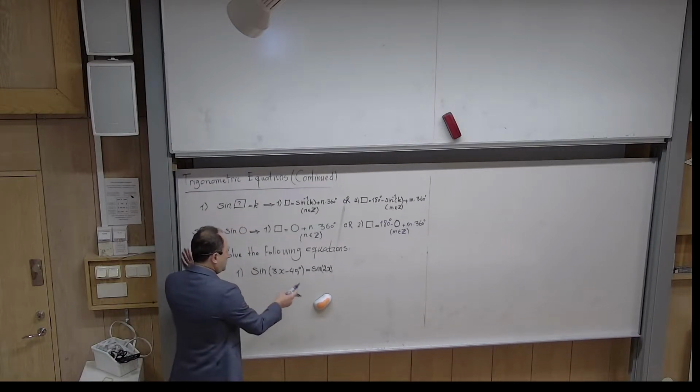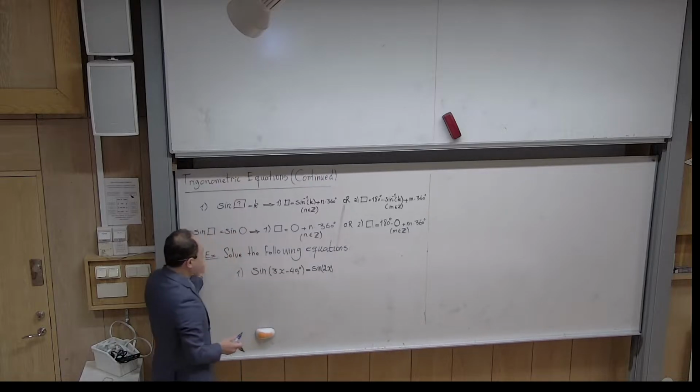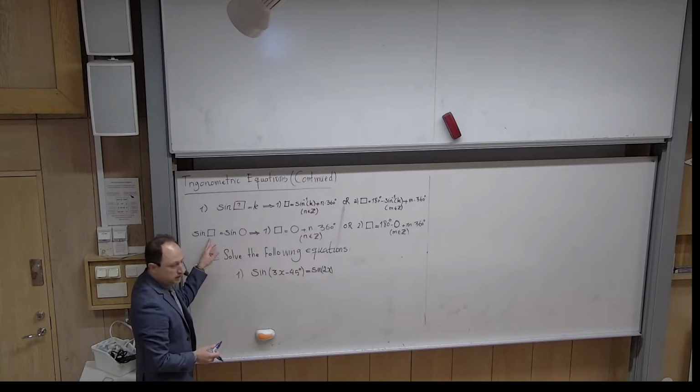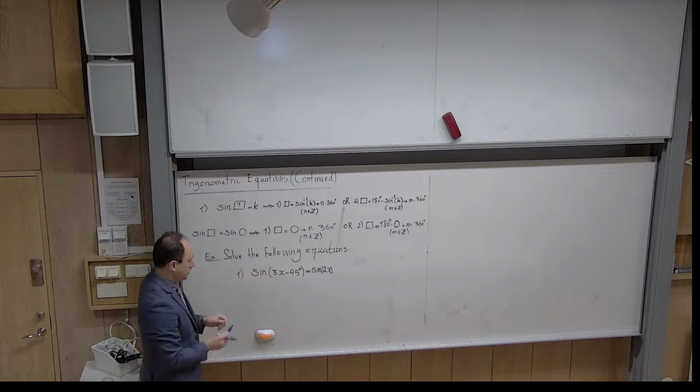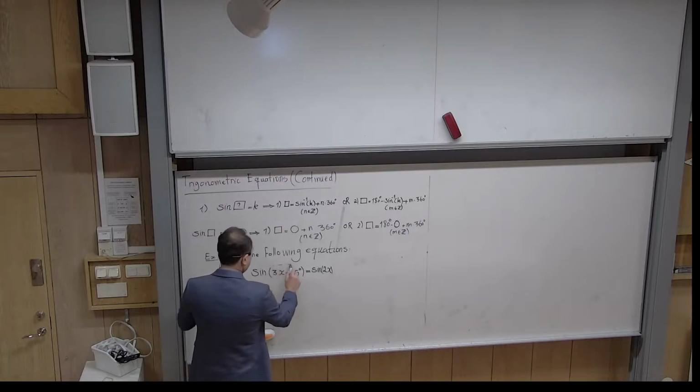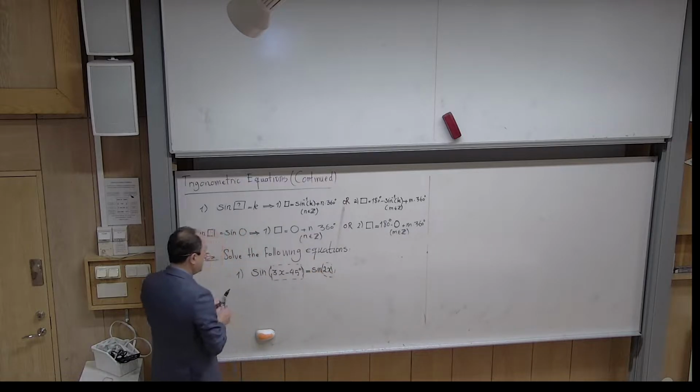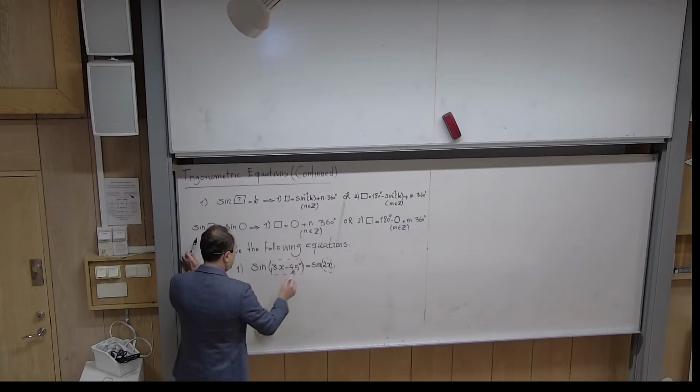Okay, so let us solve this together. I hope that you agree that this is exactly this form, because I have equality of two sines, and I can give the role of box to this one, and the role of circle to this one. So this means that I'm facing two scenarios.